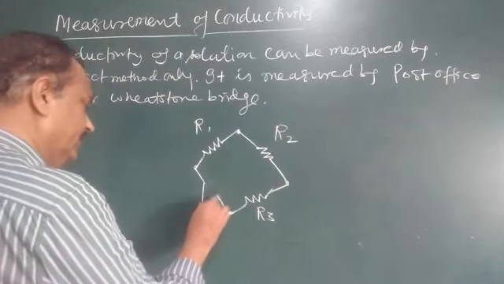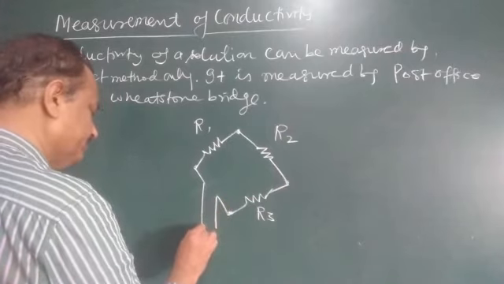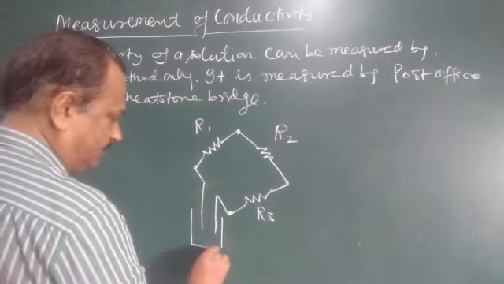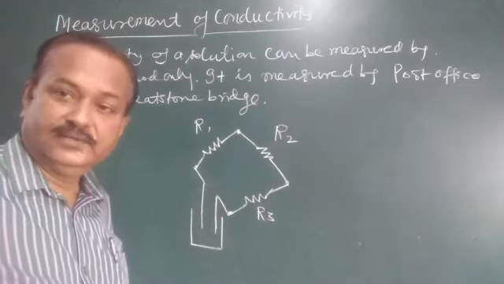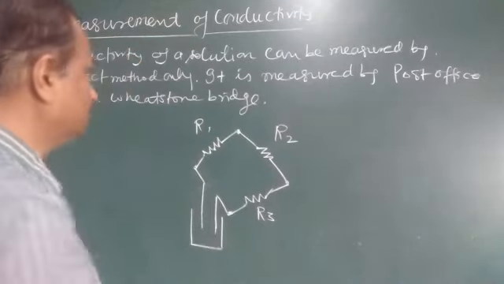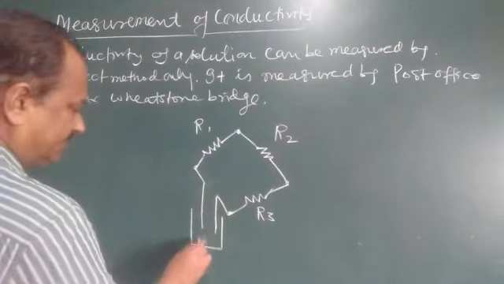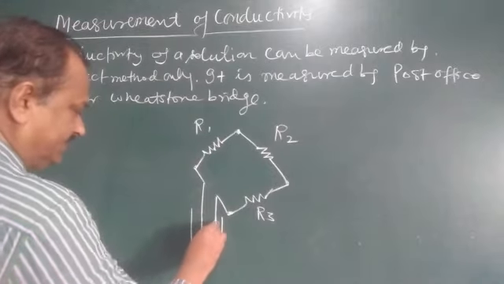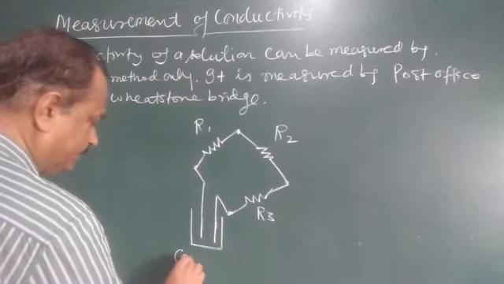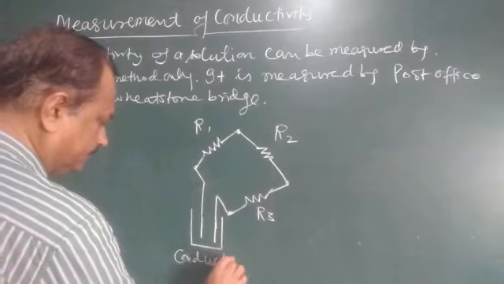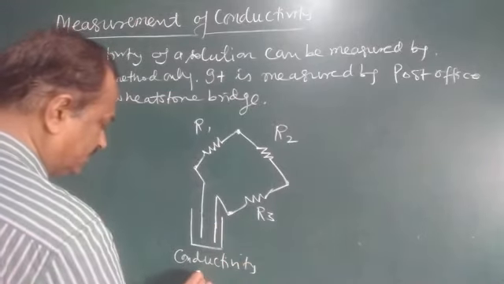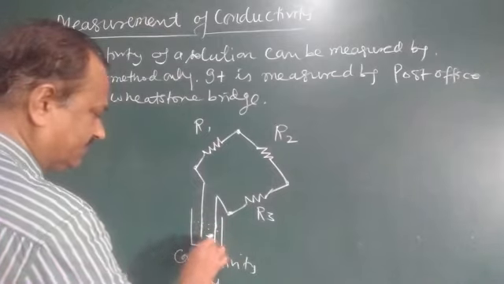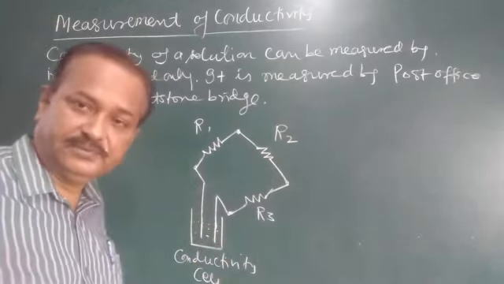Now here there is a special type of vessel, because we have to see the conductivity measurement, and so this is the conductivity cell. This is the conductivity cell, and the conductivity cell has electrodes. These are the electrodes of the conductivity cell.